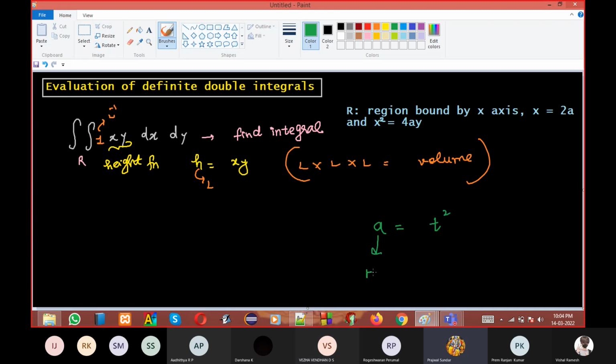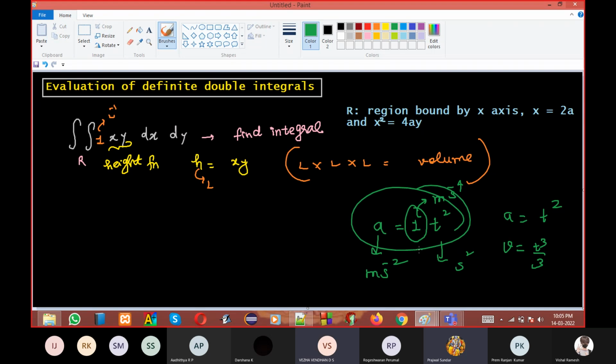This is meter per second squared, this is second squared. How are you writing? You are actually introducing a dimension. You are introducing a constant which has one particular dimension, meter into second power minus 4. You will integrate this, you will find v, you will find t cube by 3. How did you write? Because you are introducing a constant which has some dimension.